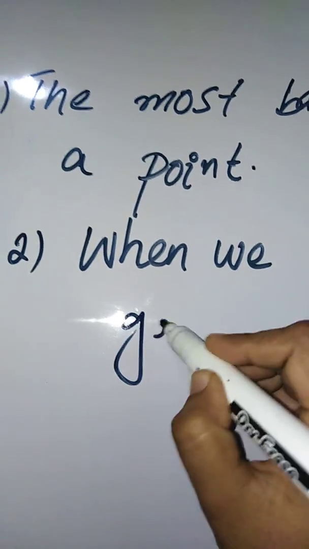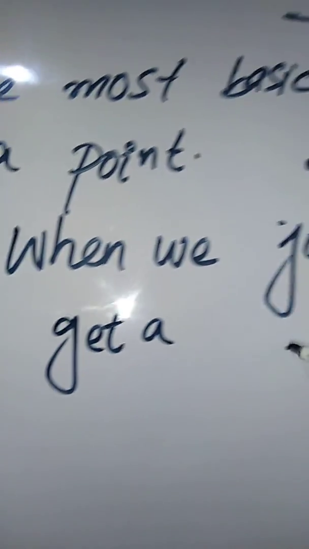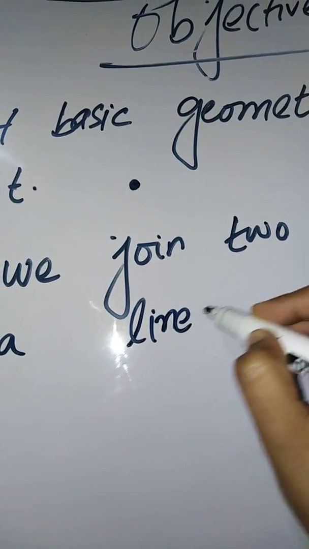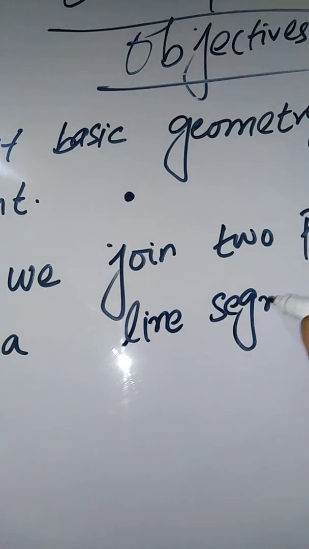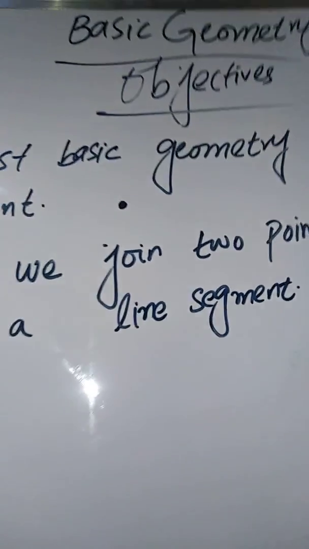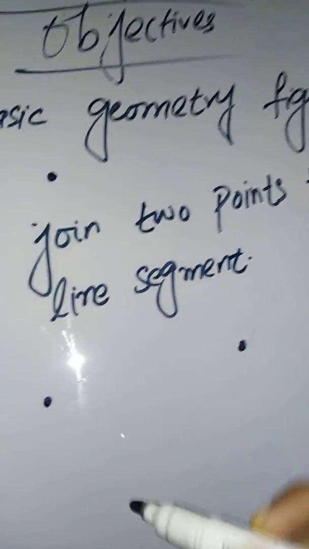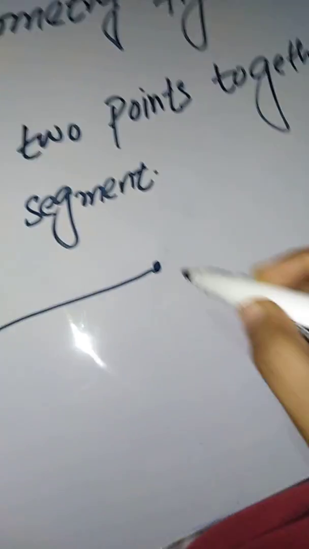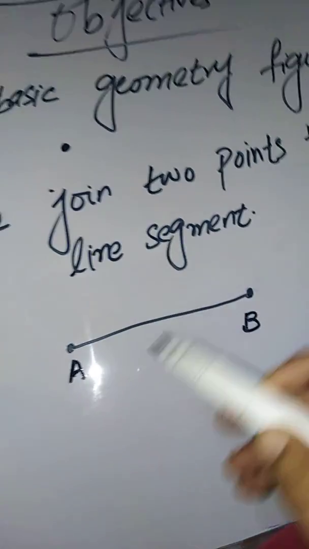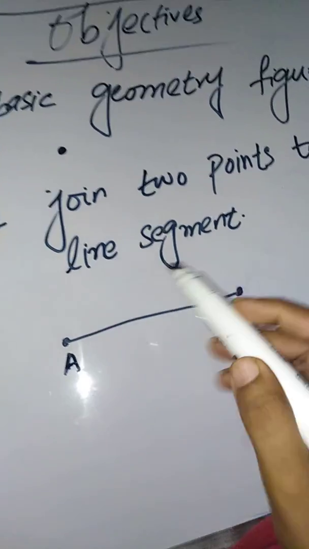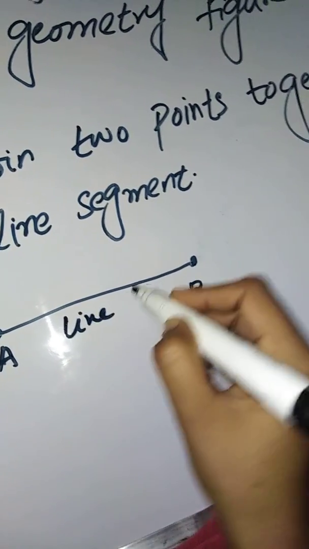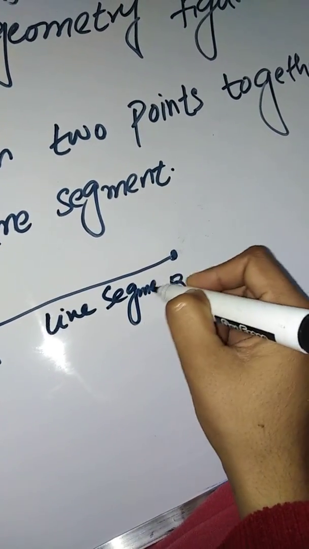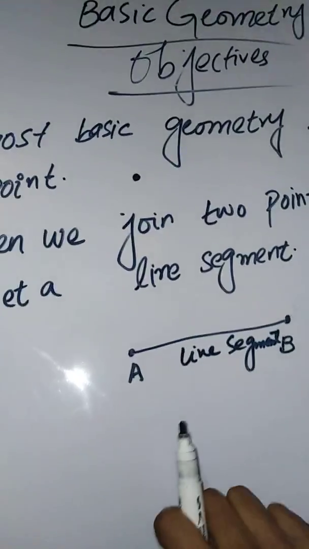Here you can see this is one point and this is the other point. Let's suppose this is point A and this is point B. When we join two points A and B, we get a line segment. This is called a line segment, where we have two end points.